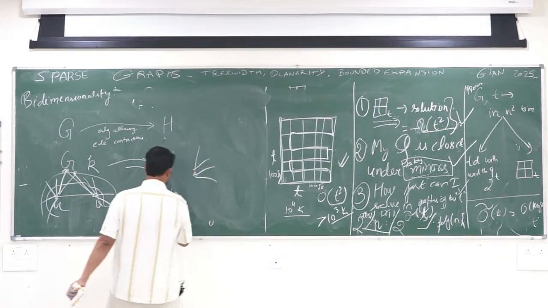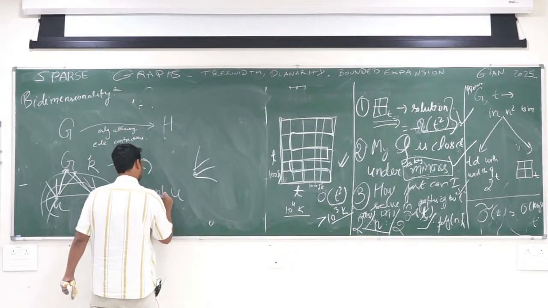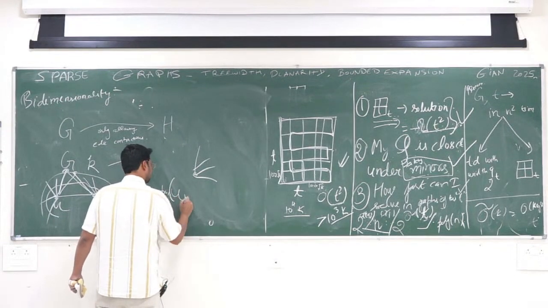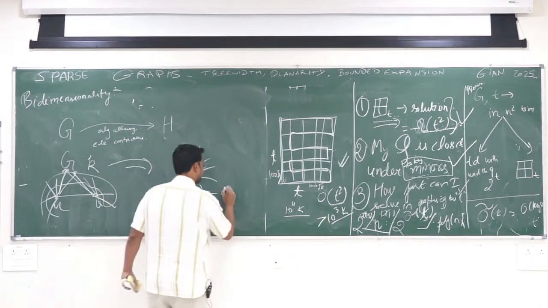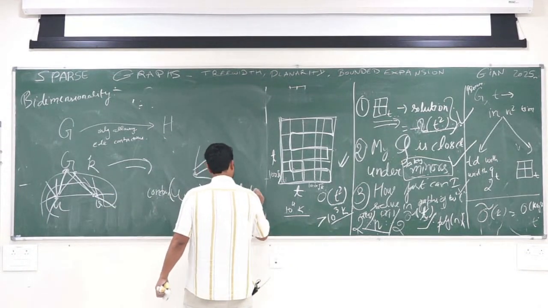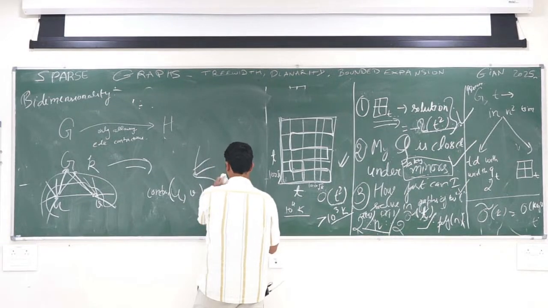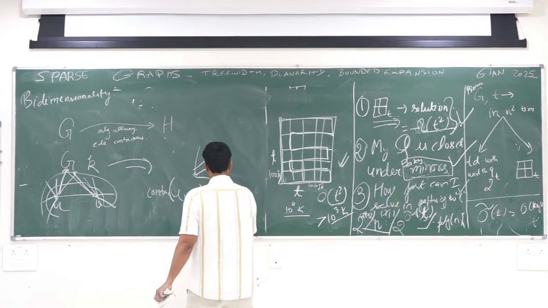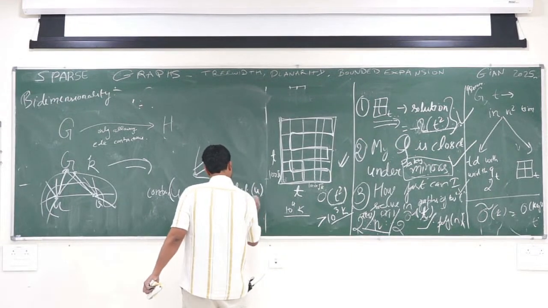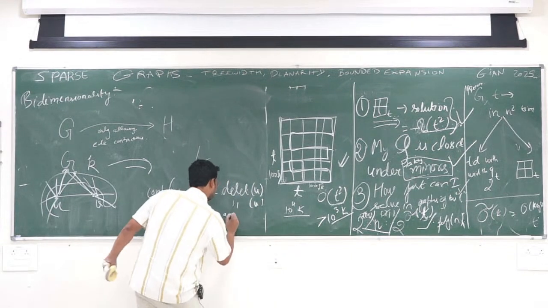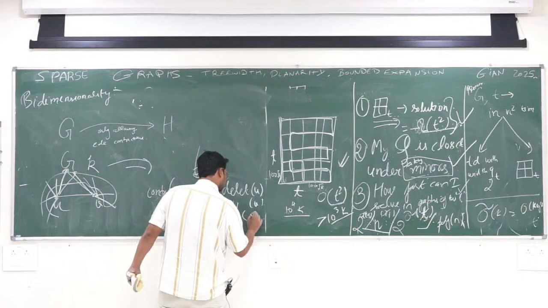So when I contract U and V, I make a new vertex. I delete U, delete V, add a new vertex.